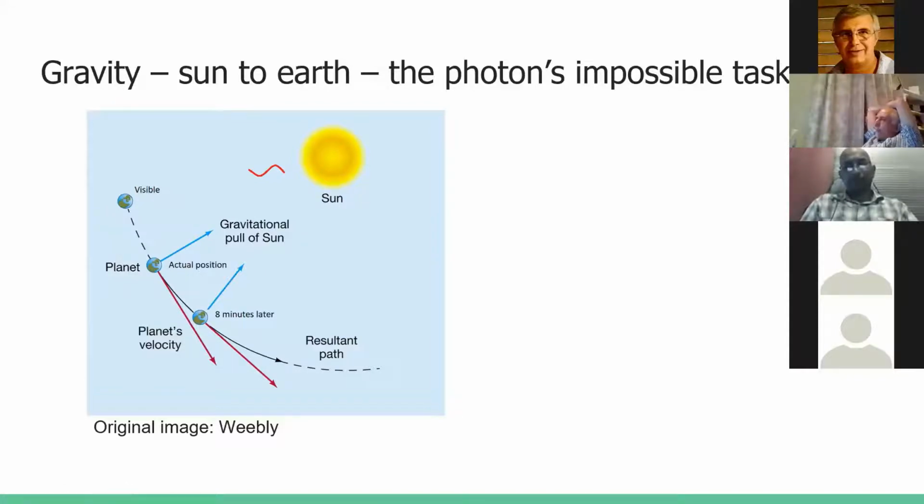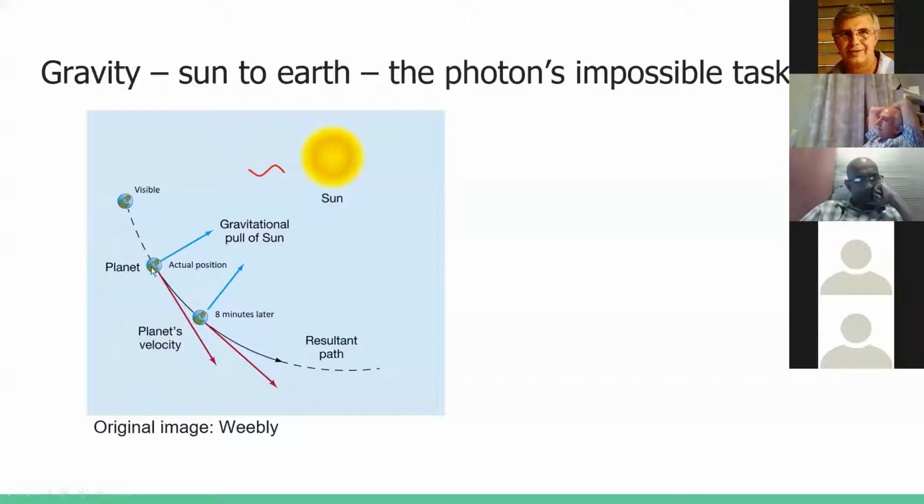You go to the surface of the sun or the center of the sun, and your job is to enact gravity onto the earth. First of all, you would look and say, well, where's the earth? And you say, okay, there is the earth. Let's send a photon to go and cause gravity. But you would be wrong, of course, because you are seeing the earth as it was. Remember, the light travel time between sun and earth is about 8 minutes, so you're seeing the earth where it was 8 minutes ago.